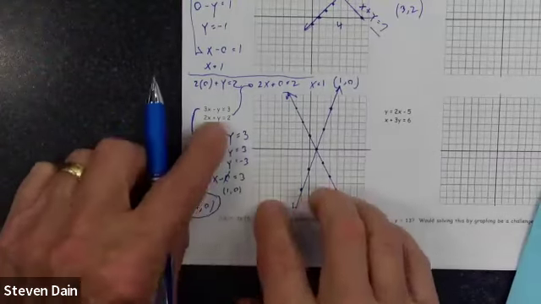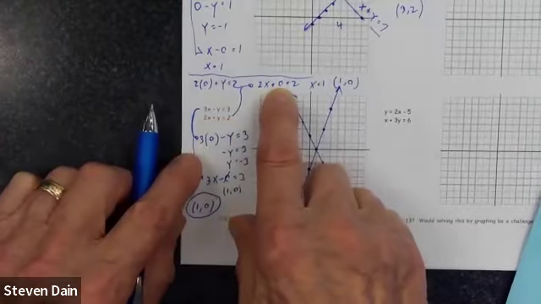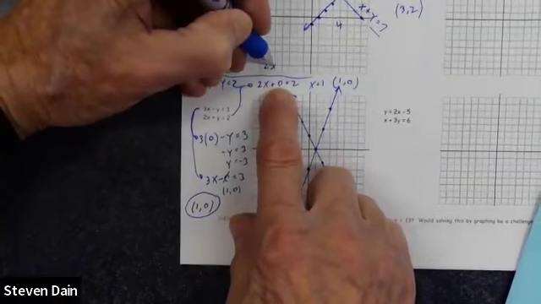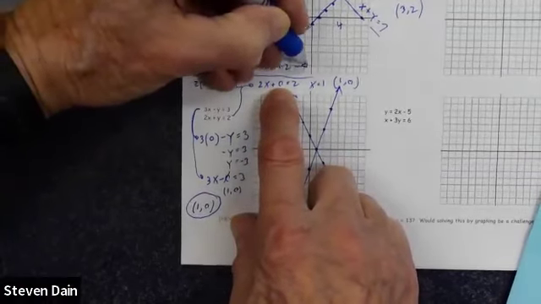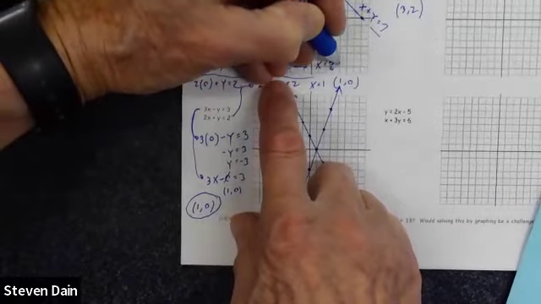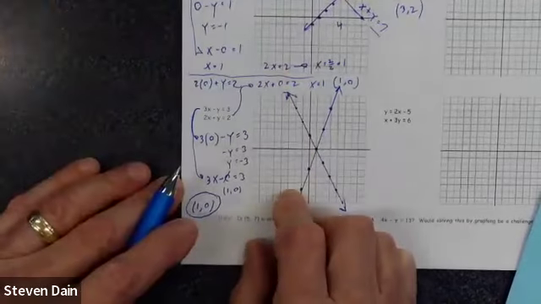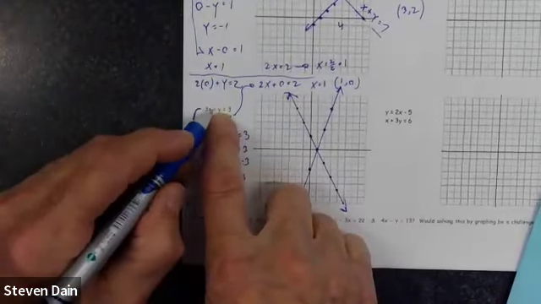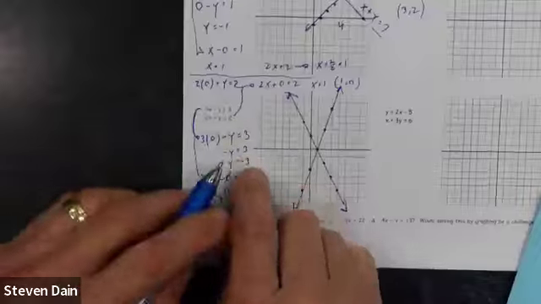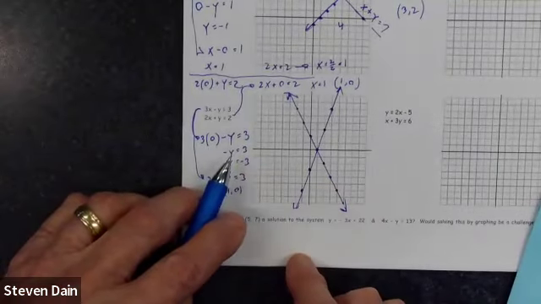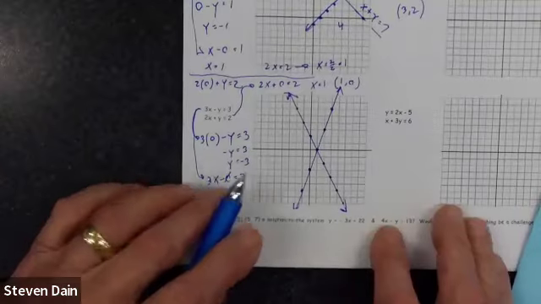When I plugged in 0 for y in this bottom equation and solved for x, it would then just say 2x equals 2, meaning that x would be 2 divided by 2, which equals 1. And the same thing happened with the top equation. When I plugged in 0 for y, I had 3x equals 3, and I divided by 3, and I got 1, 0. Okay?